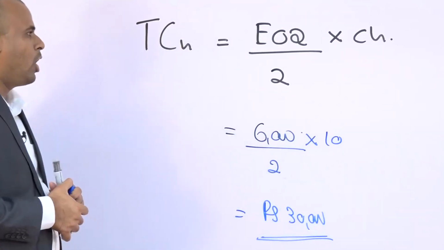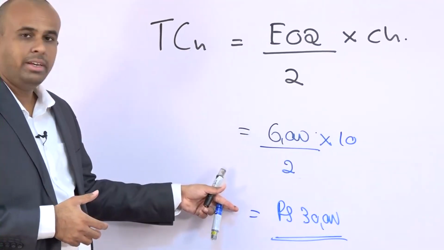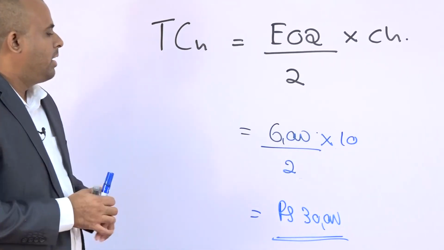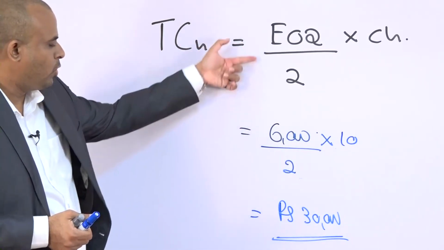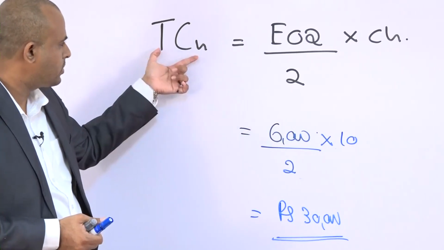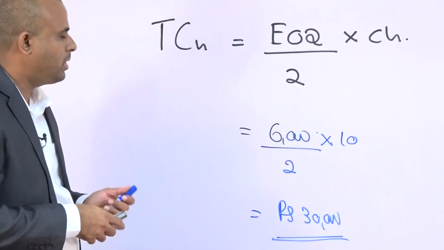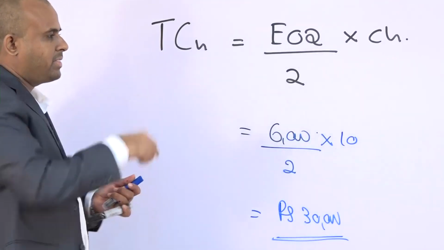Good. So the total cost of holding is rupees 30,000. That means when you order 6,000 units at once, as a cost of holding you have to incur rupees 30,000. Now let's move into the next requirement of the question.